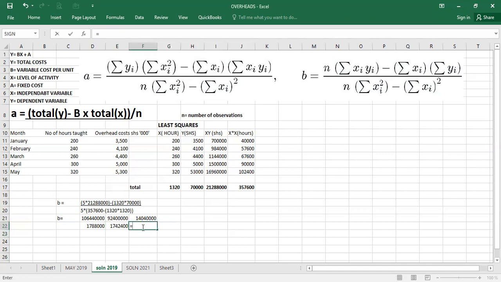Then to get this one, it's supposed to be this minus this to give us that.